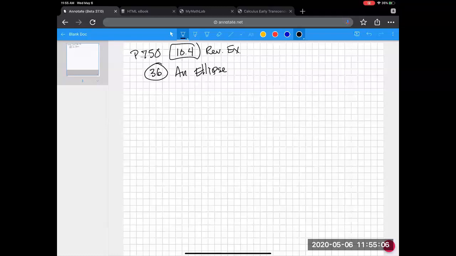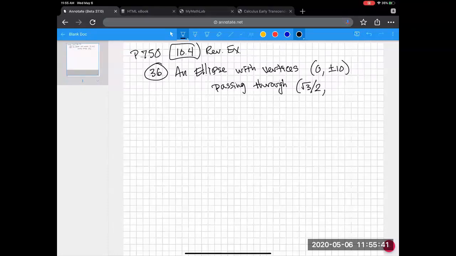But this one is an ellipse with vertices at 0 plus or minus 10. And it says passing through a point. We didn't do one of those before. And the point is square root of 3 over 2, 5.